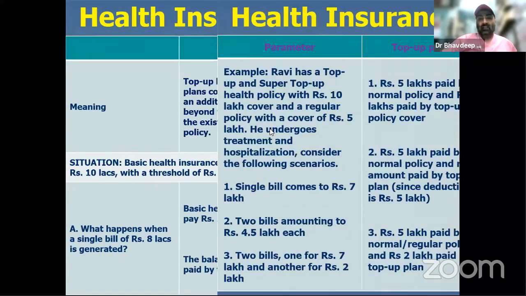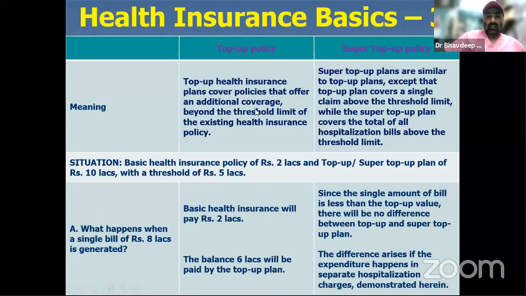So what does it mean? It means they offer additional coverage beyond the threshold limit and they cover all the bills multiple times as well. Let me give you another situation. If the basic health insurance is 2 lakhs and the super top up is 10 lakhs with a threshold of 5 lakhs, and there is a single bill of 8 lakhs, 2 lakhs is covered by the basic policy.